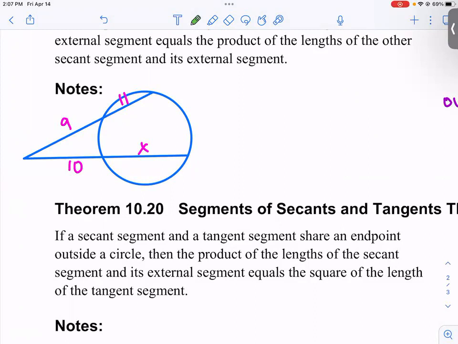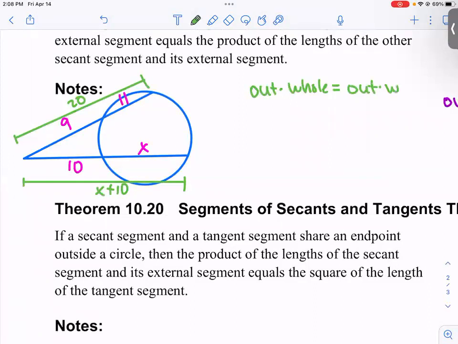Okay. What is the length of this entire segment right here? Yeah, so this entire segment would be x plus 10. But we need to take outside times whole equals outside times whole.